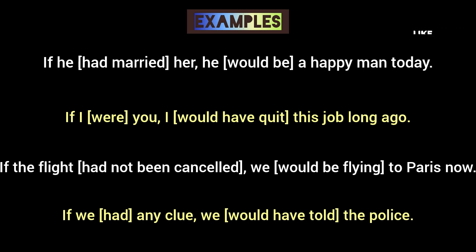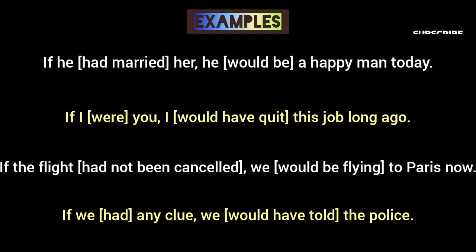The verb form would plus the first form of the verb would be shows this. He would be a happy man today. So this is also a hypothetical or imaginary result pertaining to the present time. The hypothetical condition relates to the past time, but its imaginary result is of the present time. That's how it's a mixed conditional sentence.